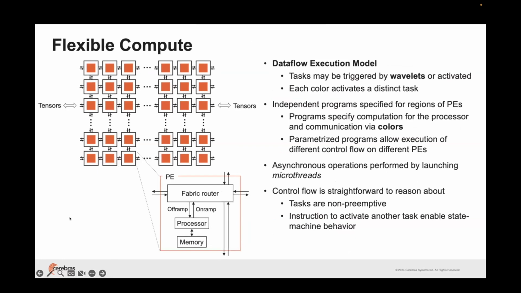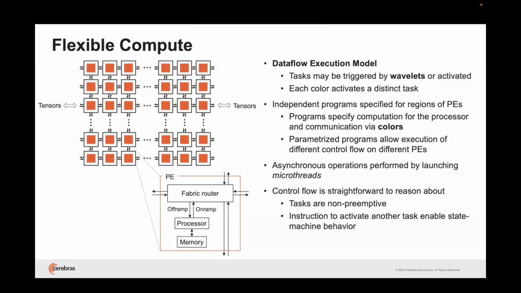So a bit more about the compute. As I mentioned, it's a data flow execution model, which means tasks are triggered by wavelets. A wavelet coming in on a specified virtual channel, the specified color, will activate a particular task. And like I said, a task is just a chunk of code.